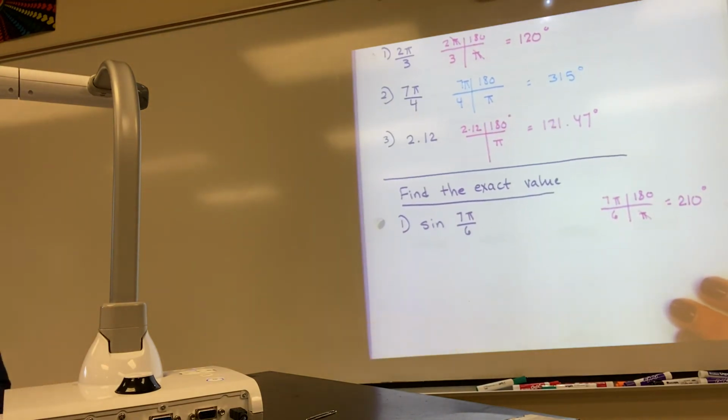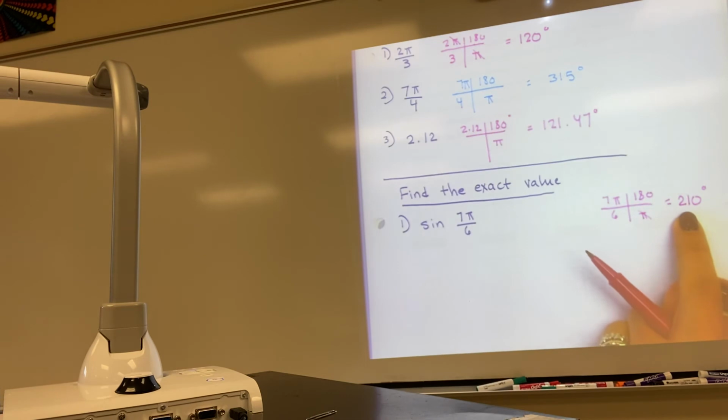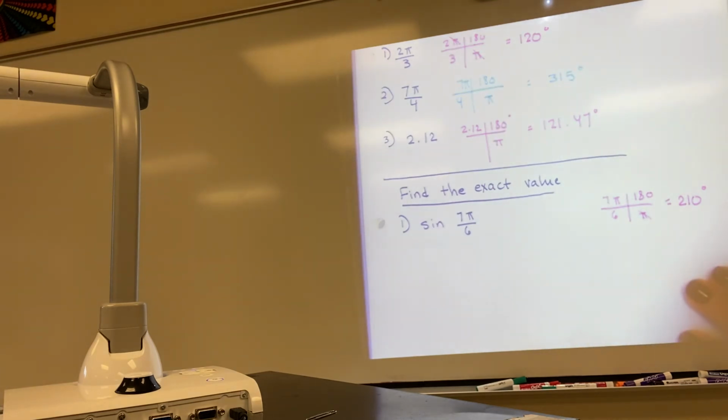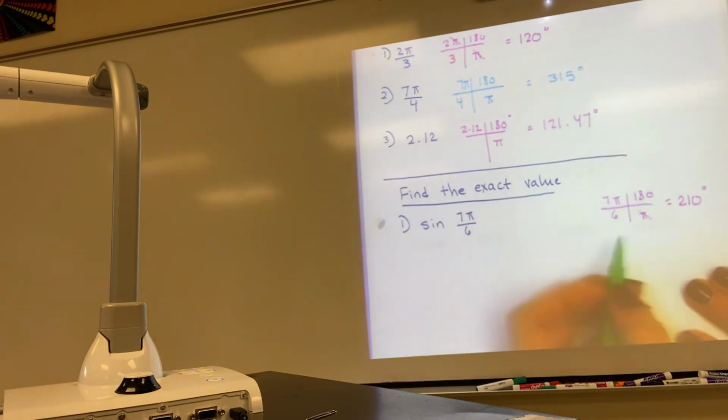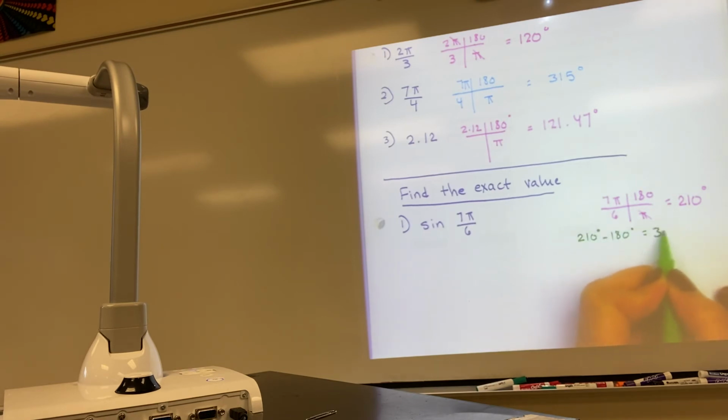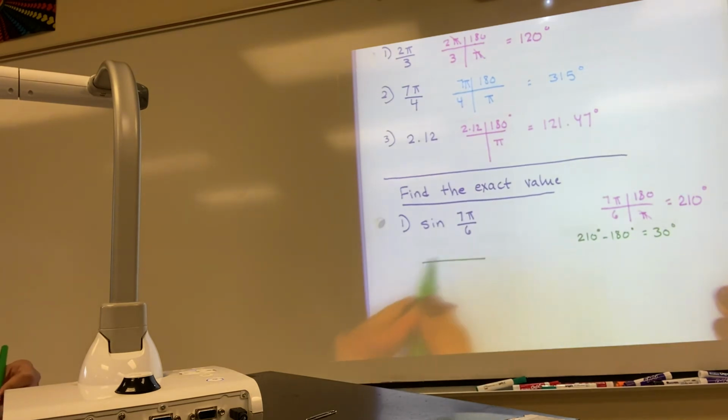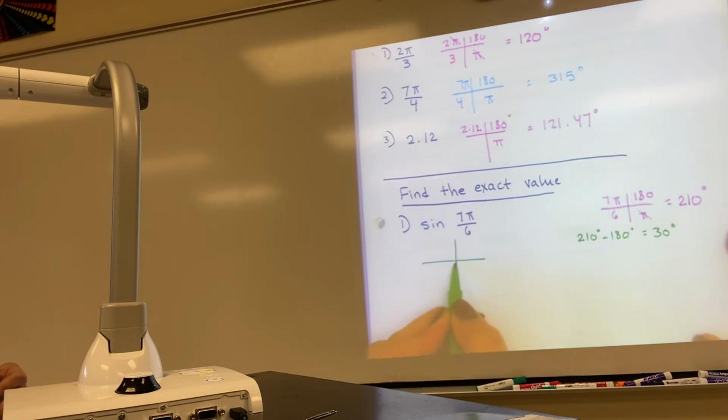210 is in quadrant 3. So we'll take the reference angle, and when we are in quadrant 3, the reference angle is 210 minus 180, and that will give me 30 degrees. So my reference angle is 30 degrees, but I am in quadrant 3. Here is my angle, 30 degrees, and here's my triangle.